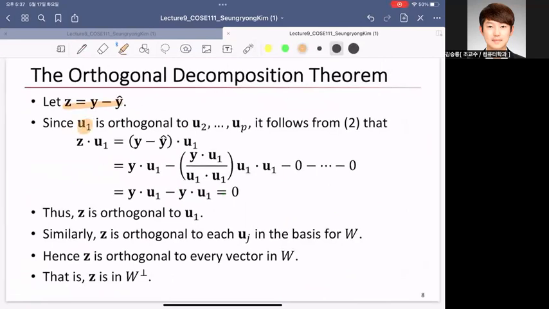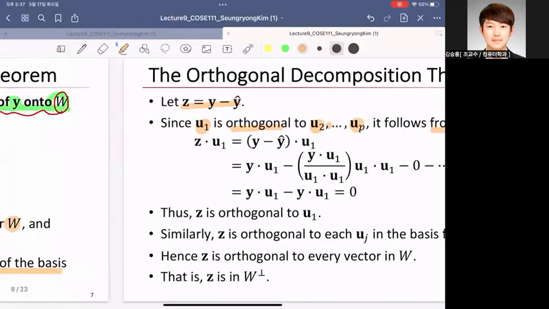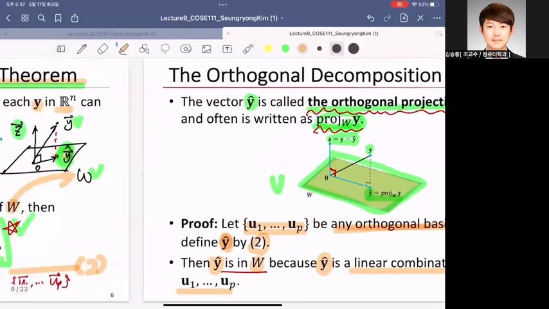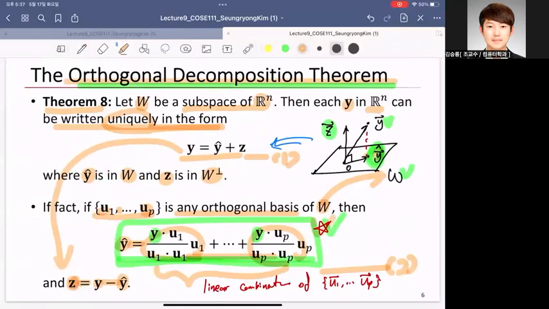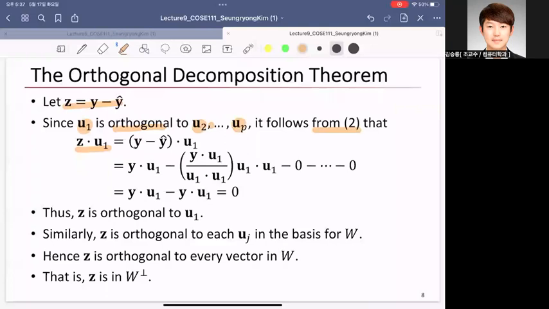Since u1 is orthogonal to u2, u3, up from the definition, because they come from the orthogonal basis, it follows from the second equation. Z inner product u1: since z is equal to y minus y hat, it is y minus y hat times u1.